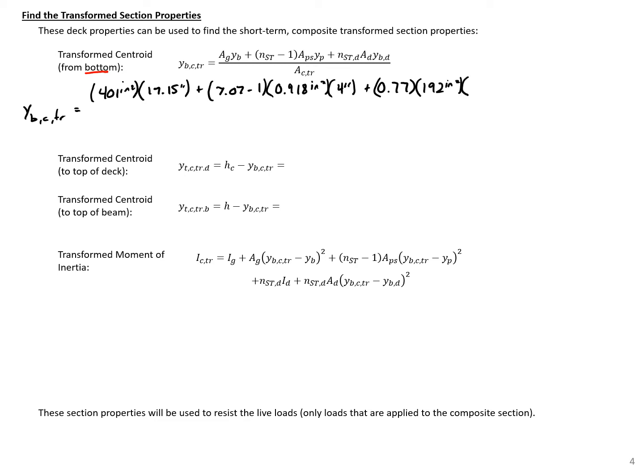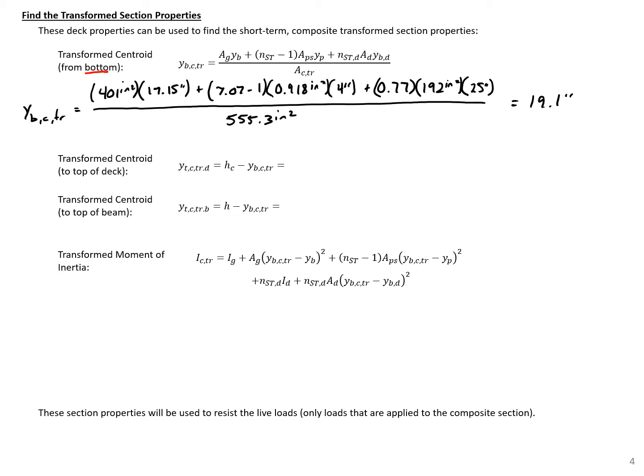And then we'll take 0.77, we're transforming the area of our deck, times 192 square inches, times the distance from the bottom to the centroid of the deck, 25 inches. And then all of this is going to be divided by our composite transformed area, which we found to be 555.3 inches squared. So this will give us a value here of 19.1 inches. So now we can find the distance between the centroid and the top of the deck.